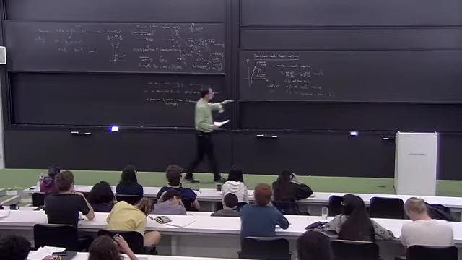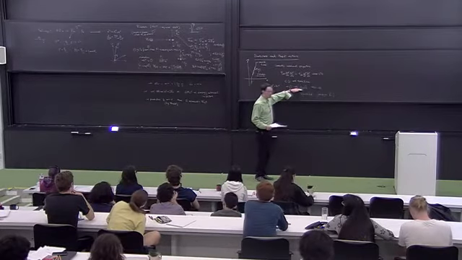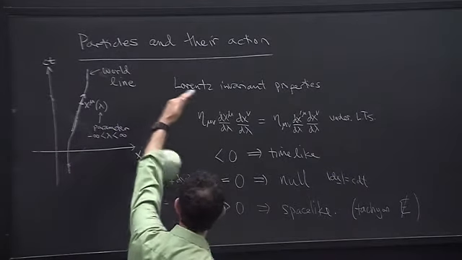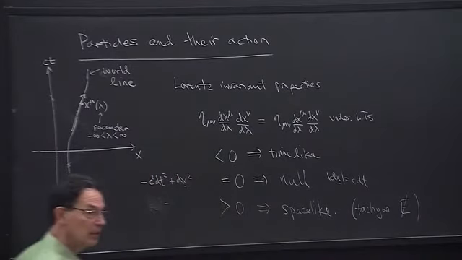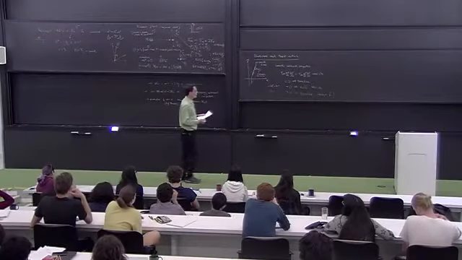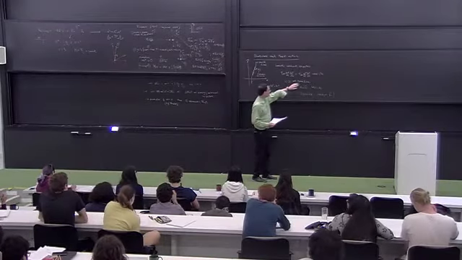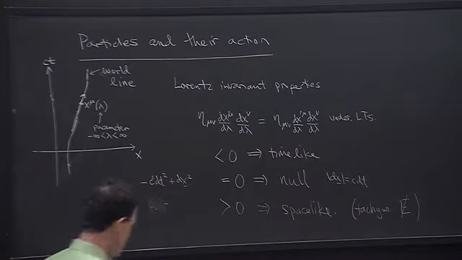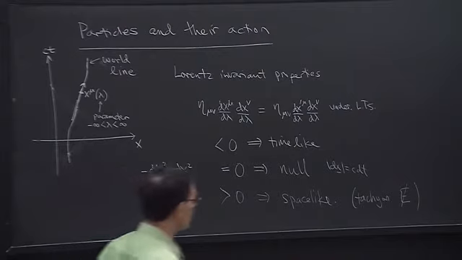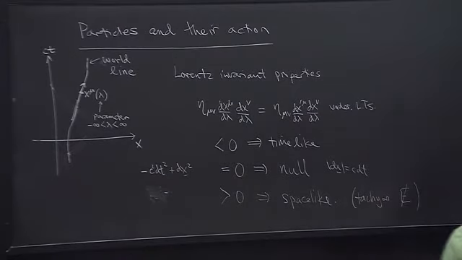Photons, or wave packets of light, are going to be null particles moving at 45 degrees on this diagram, and ordinary particles, massive particles, are going to be time-like trajectories. Let's focus on those for the moment.